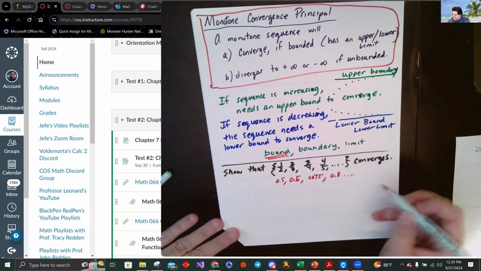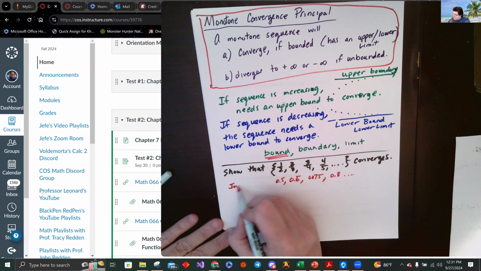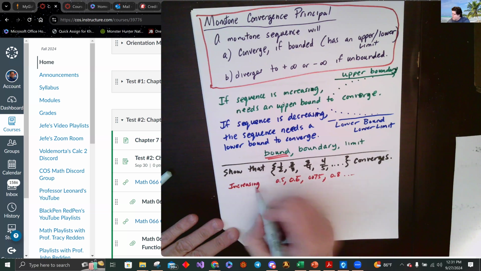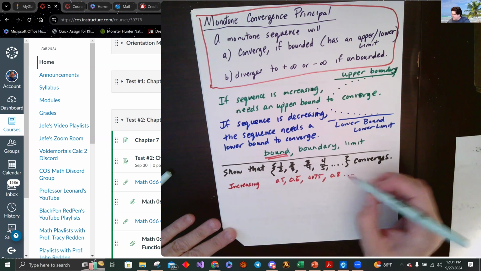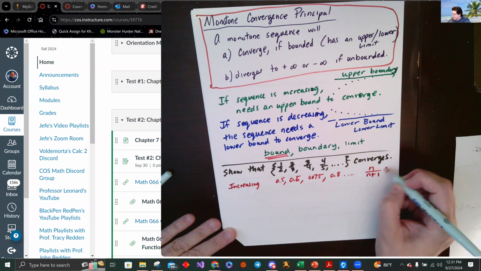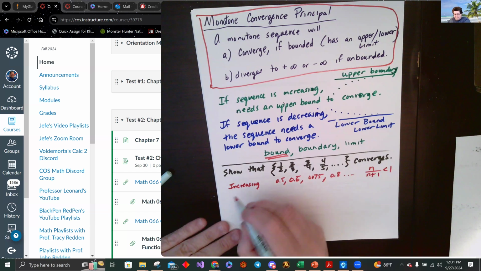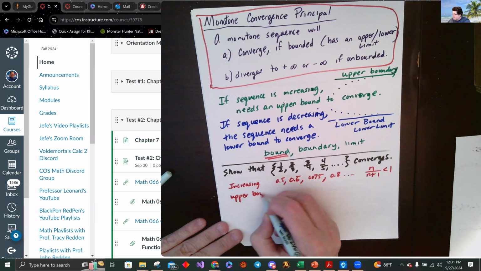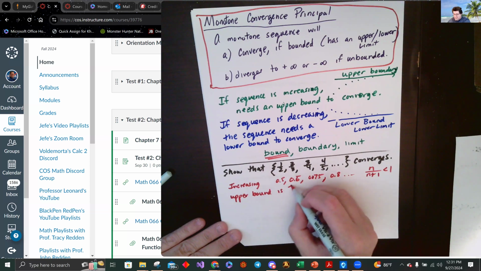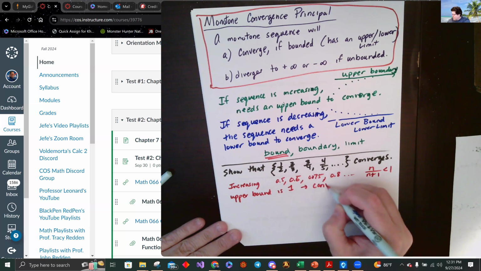This is increasing. And the numerator is always one smaller than the denominator, so it's always less than 1. So it has a boundary, at least it looks like the upper bound is 1. And since it's increasing and has an upper boundary, this is a convergent sequence.